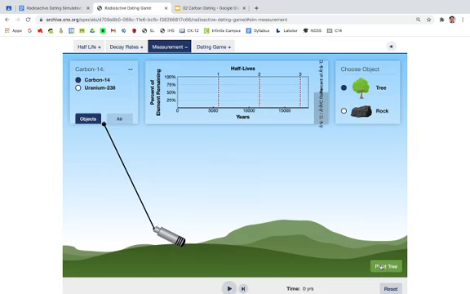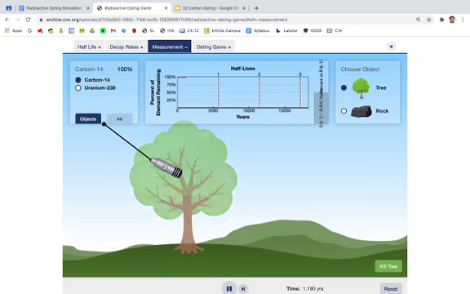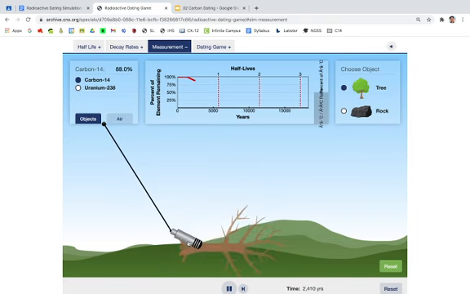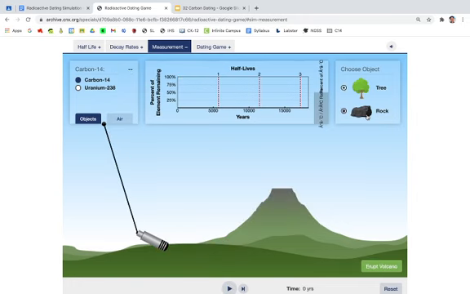Okay, I'll reset this. So with our probe, now we see a change. Okay, so it will slowly decrease, and you can play around with this on your own time. Let's have the rock.